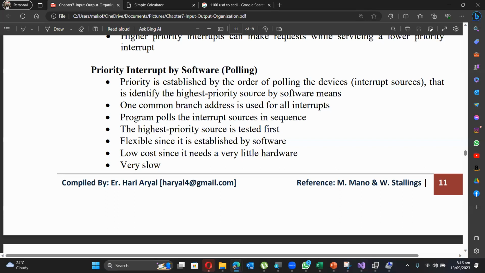Even though I'm constantly checking all of the devices you are connected to, to see what they are all doing at the same time, if one of them or all of them need access to the CPU at the same time, I have to select which one is of more importance and give that device the highest priority so that it can do what it has to do in the quickest possible time. Does that make sense?